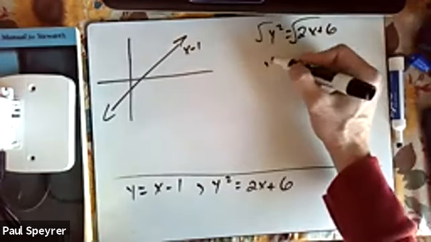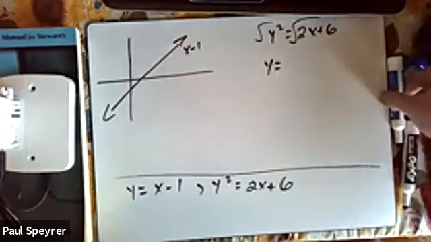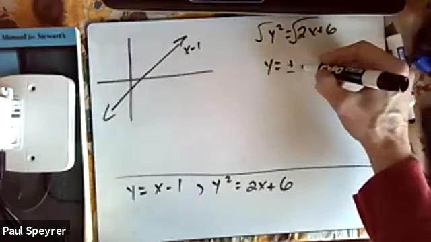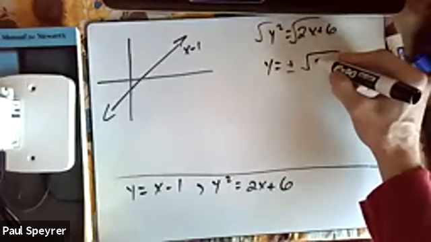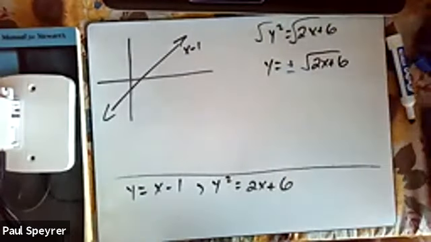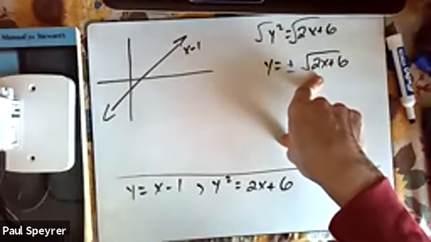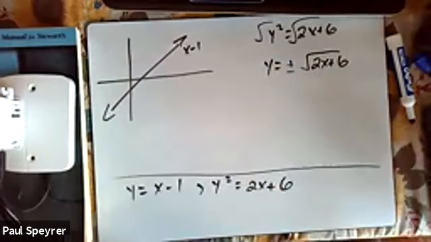If I do that, I get y equals plus or minus the square root of 2x plus 6. What is this right here? This is just a radical that's been shifted 3 units to the left. How do I know it's been shifted 3 units to the left?